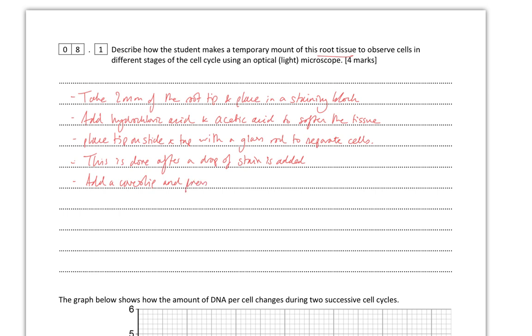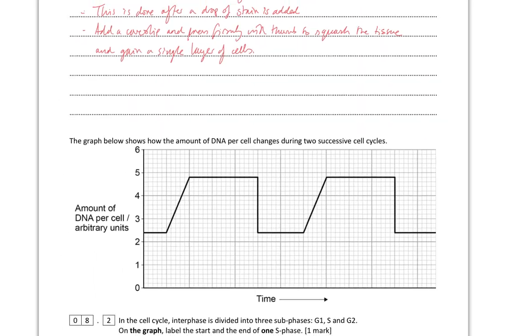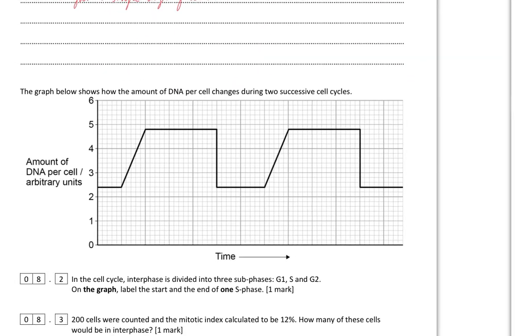Firmly with thumb to squash. It's called a root tip squash. To squash the tissue and gain a single layer of cells. There we go. 4 marks, easily. I put up enough for 5 there.